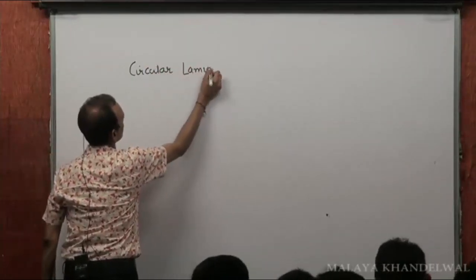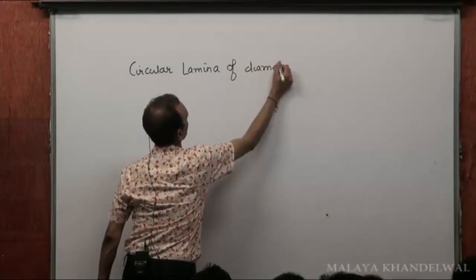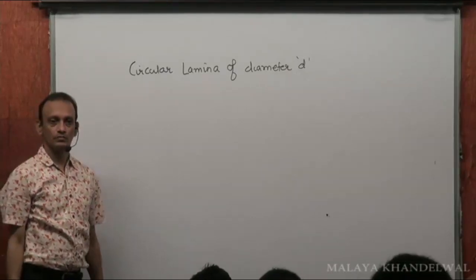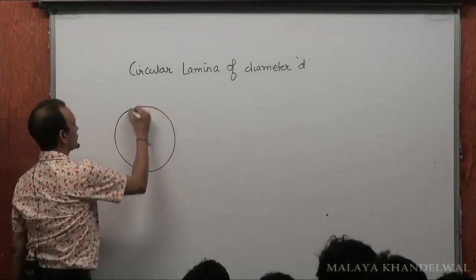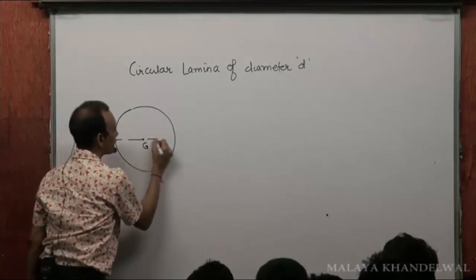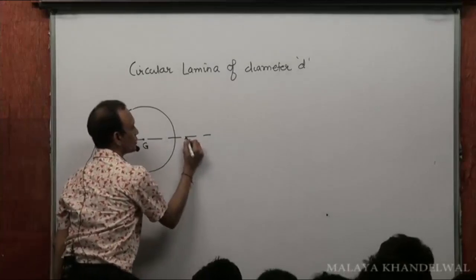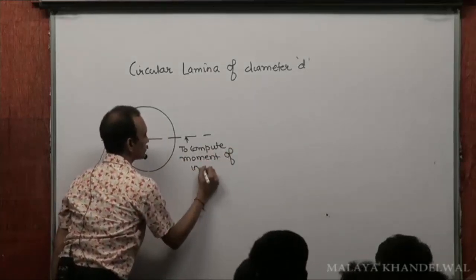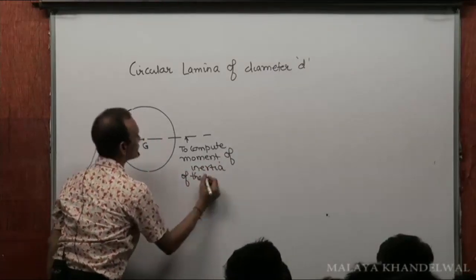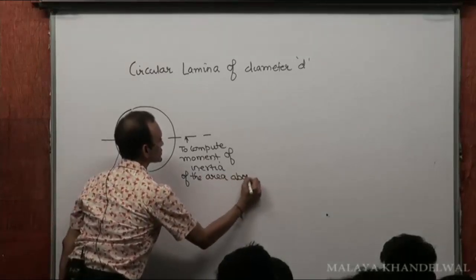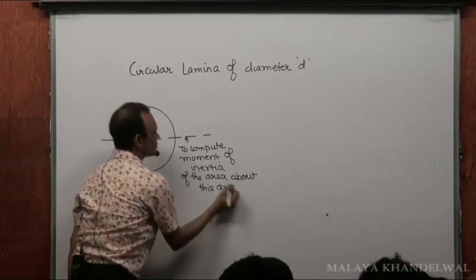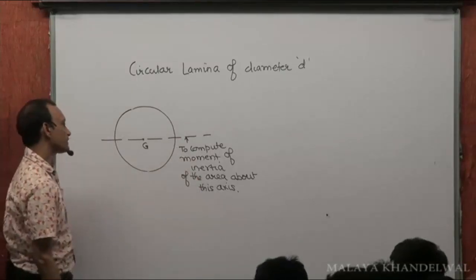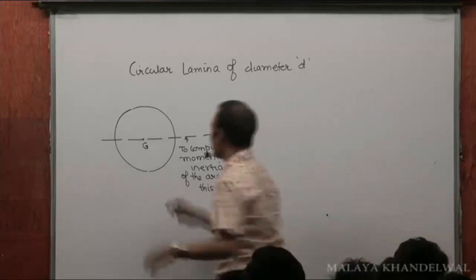Circular lamina of diameter D. I want to compute the moment of inertia of the area about this axis, about A. That means about a diameter.